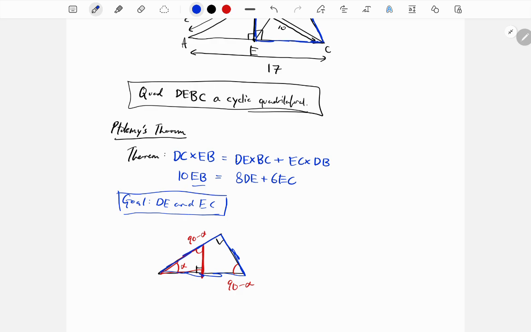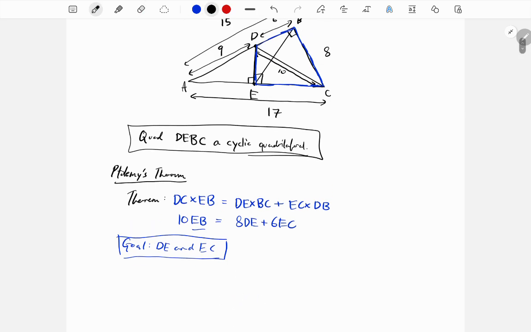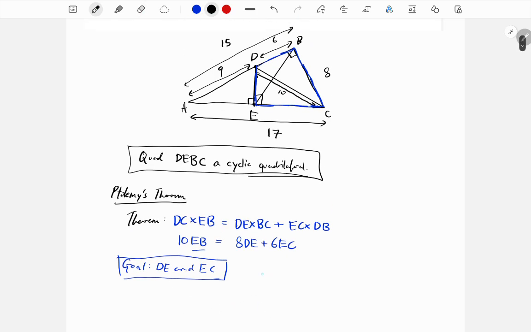So this means that these two triangles are similar. So bringing it to our case here, we have that triangle ADE, which is this triangle here, must be similar to triangle ACB.